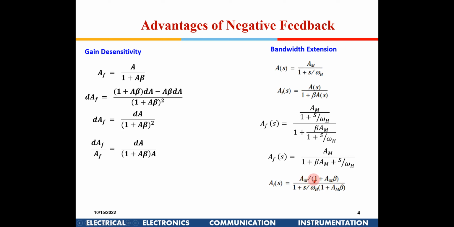That means the gain is reduced by a factor of 1 plus AM beta. Also the bandwidth WH has got multiplied by this. That means when I give feedback, the gain will reduce to AM by 1 plus A beta, but at the same time the bandwidth will increase by the same factor. Is this okay with all of you?